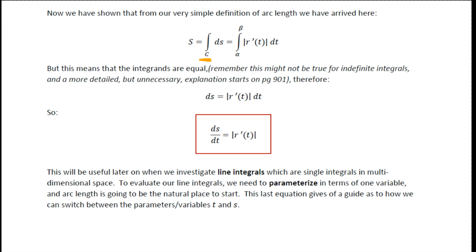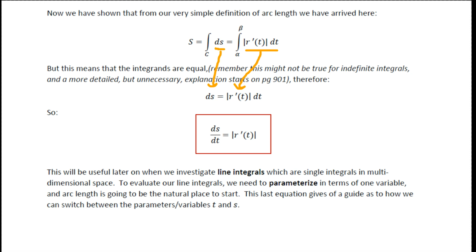Whether I say we're integrating over the curve C or we're integrating from alpha to beta using my curve r, that's the same exact thing. So these limits of integration are actually the same. They're saying the same thing even though we write them slightly differently, which means the integrands must also be equal. That means ds must be equal to the magnitude of r prime dt.